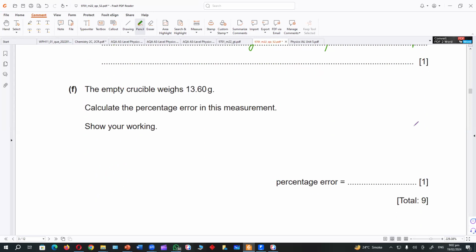The empty crucible weighs 13.6 gram. Calculate the percentage error. It's again the famous 2DP case. So it will be 0.01.